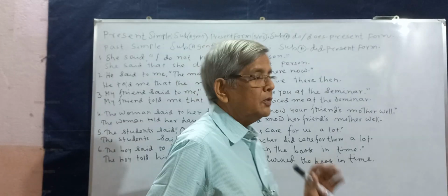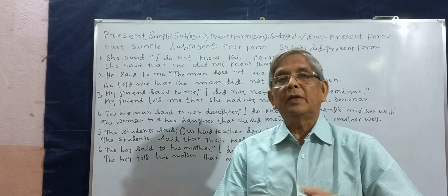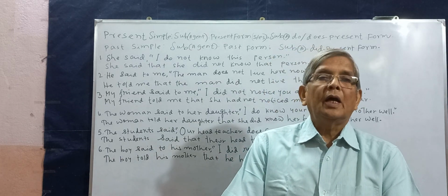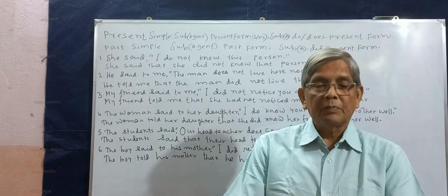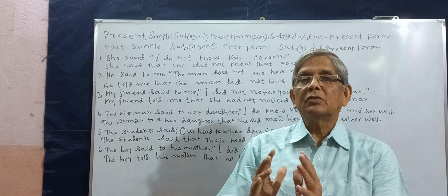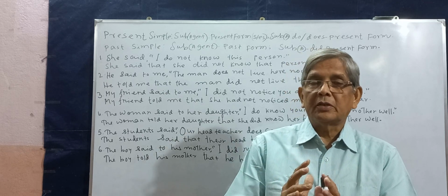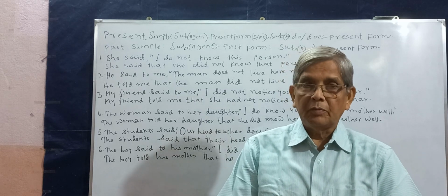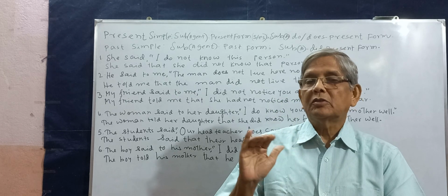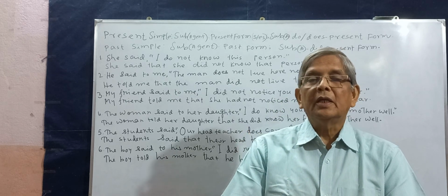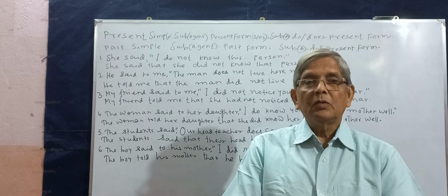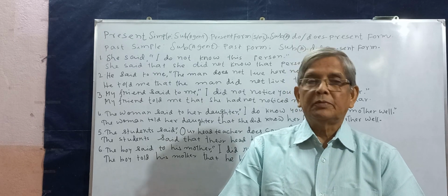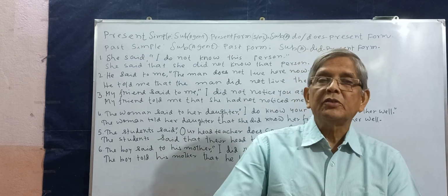Similarly, we use did in the past simple tense active voice to make negative statements, that is, negative declarative sentences, and to lay extra emphasis on the principal verb. We also use do and does to form questions in the present simple tense active voice, and did in the past simple tense active voice. We also use did to lay extra emphasis on the principal verb in positive statements. We also use do to form negative imperative sentences and also to lay emphasis on the verb.